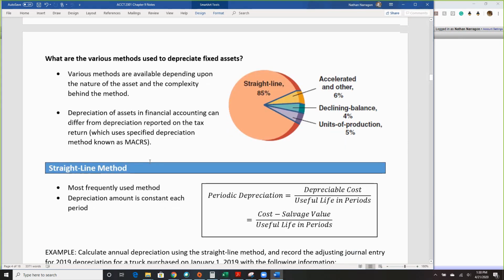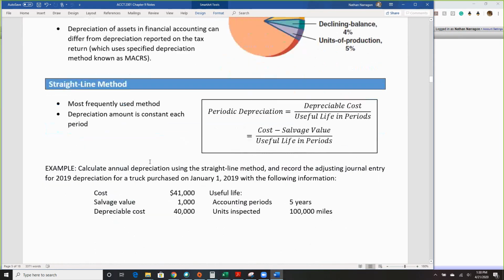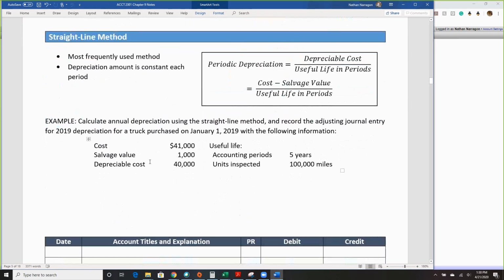So, the first depreciation method that we're going to handle is, again, straight line. So what's straight line in itself? The formula is basically going to be cost minus salvage value or residual value, whatever way that you like, divided by useful life in periods.